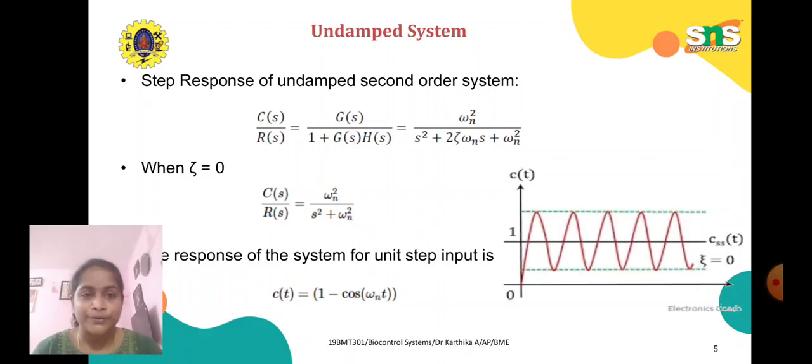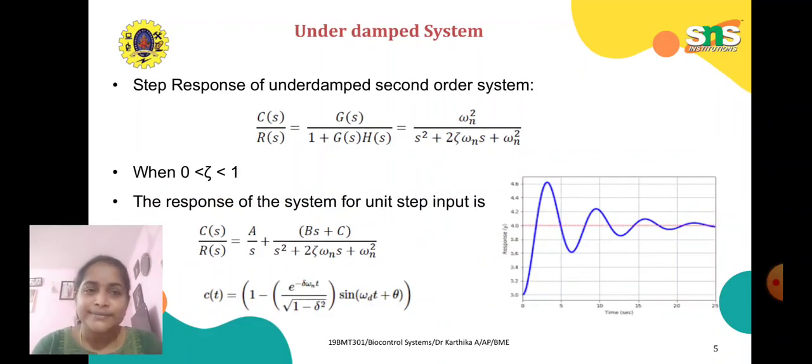The time response of the system for unit step input is C of t equal to 1 minus cos omega n t. See the diagram: here we have the steady state, and del equal to 0. For del equal to 0, the value is 1 minus cos omega n t, represented in terms of signals.